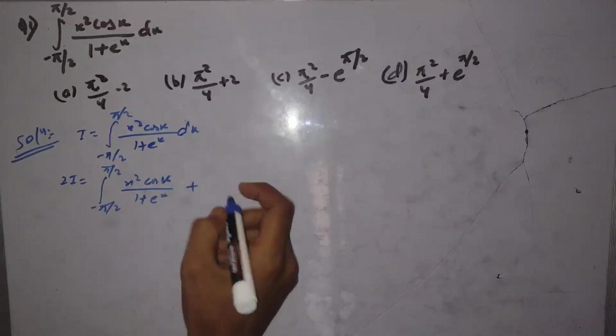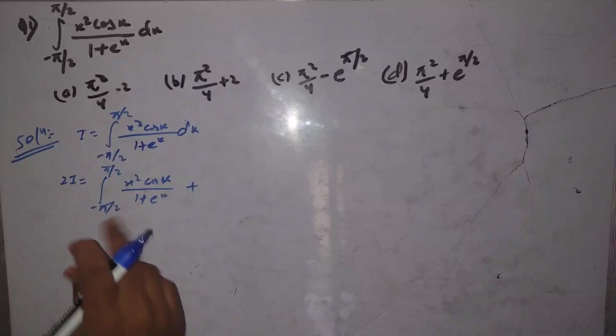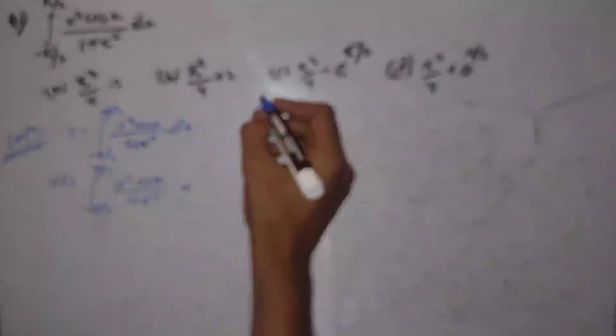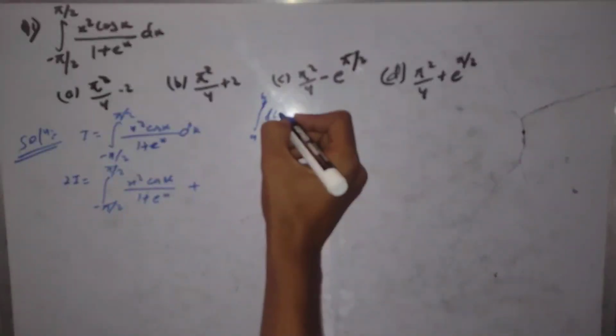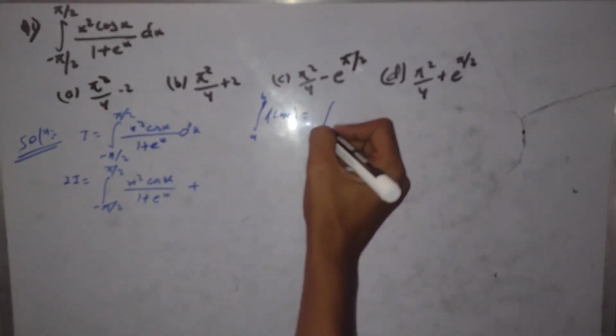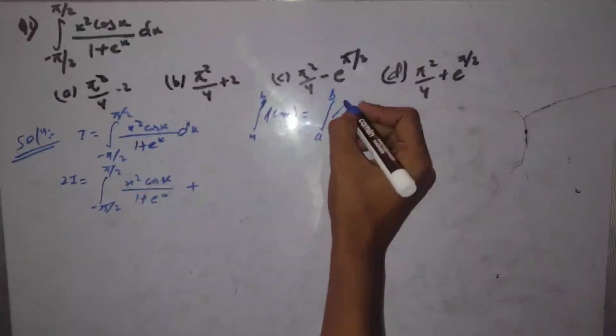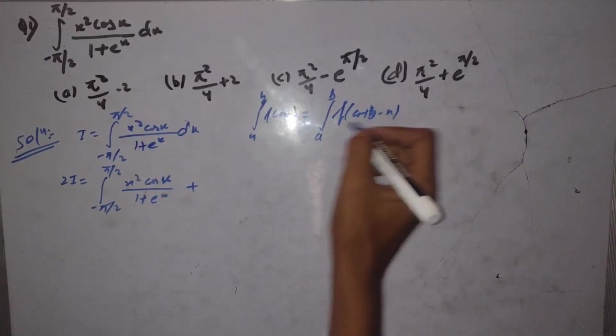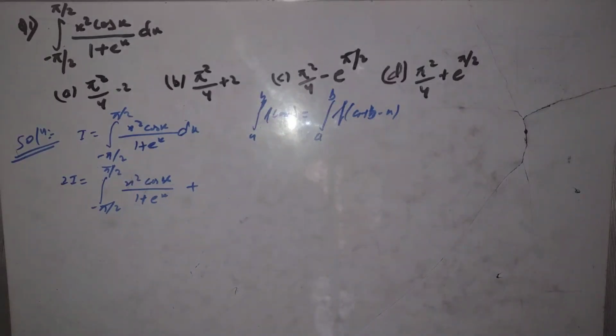The King rule says that integral a to b f(x) equals integral a to b f(a plus b minus x). Okay, so that's what we shall use.